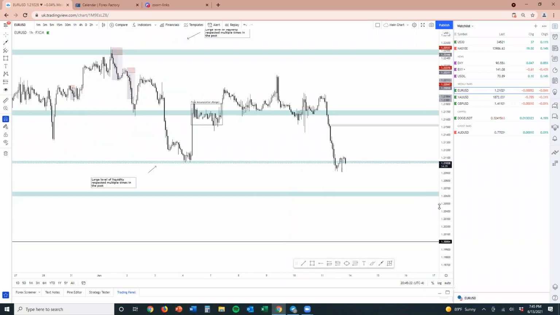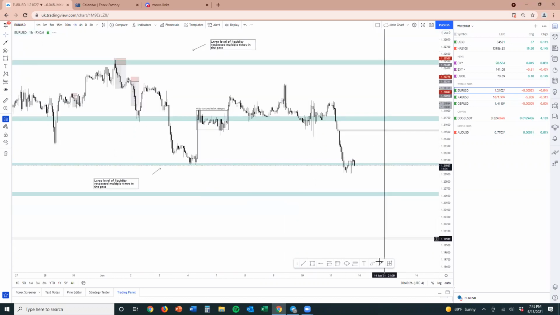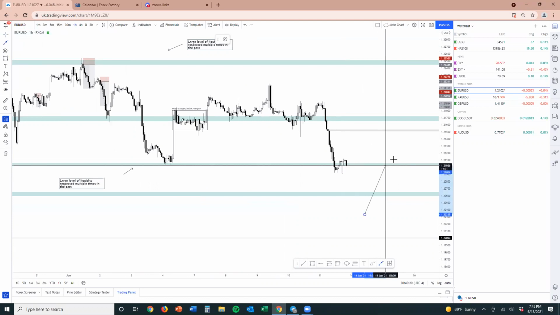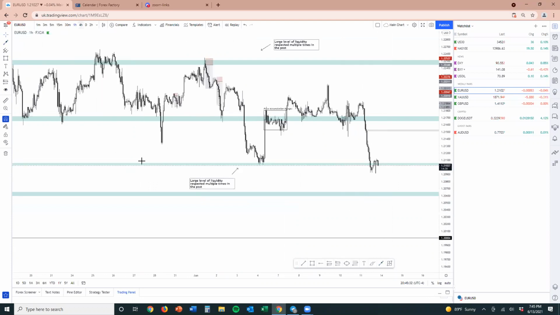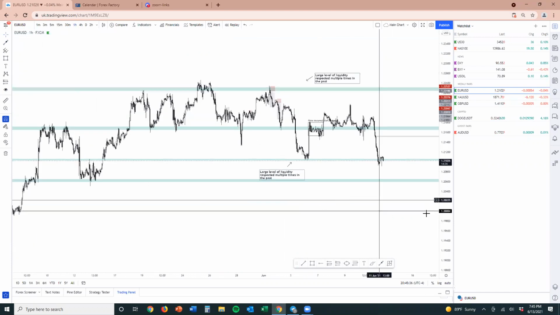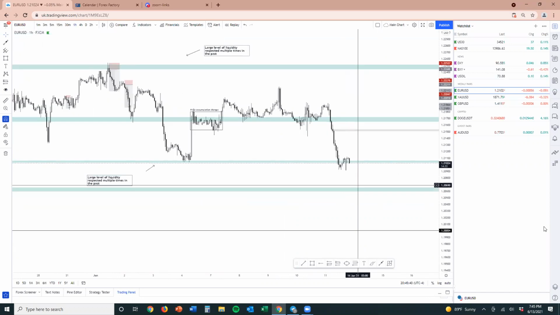But I would say trading Sundays and Mondays is kind of hard just because it's the beginning of the week and price can go up, down, just moving in and throughout the range. So yeah, those are the main markups and main pairs going into this week.